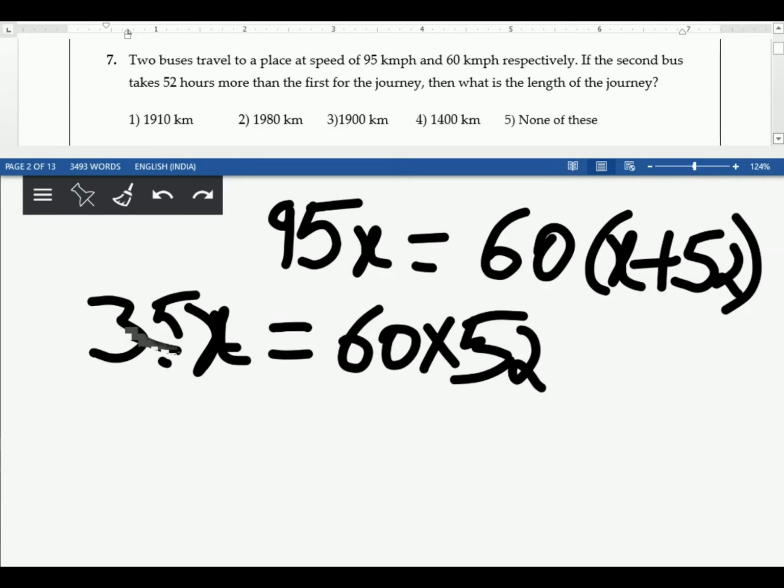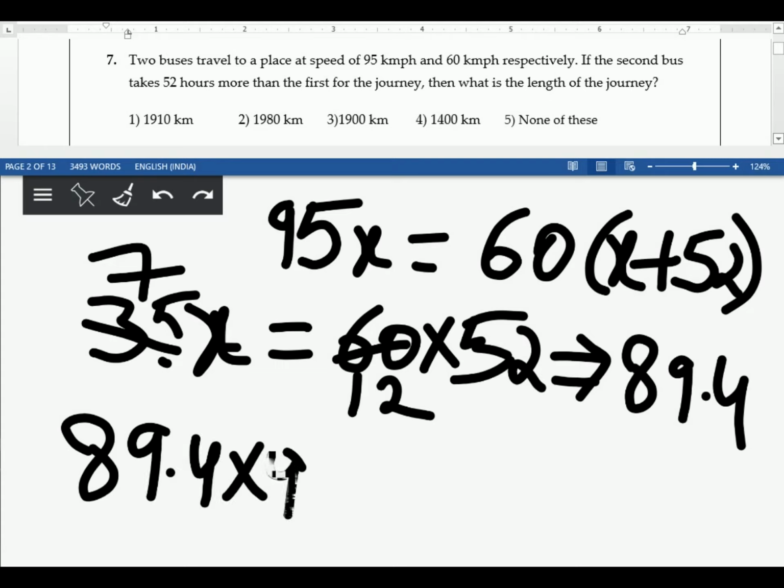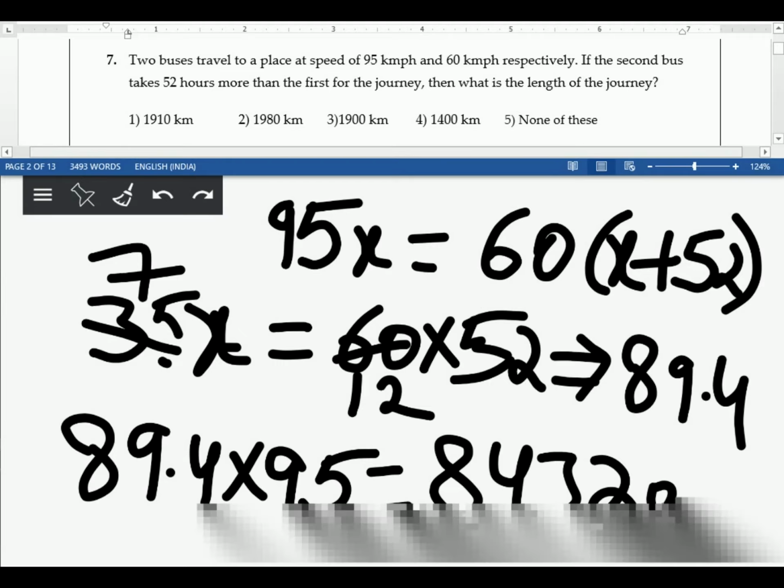By calculating this we get 89.4 hours. In order to get the length of the whole journey we need to multiply 89.4 with 95. It's approximately 8,400 and 320 around. So there is no such option, therefore the answer is none of these.